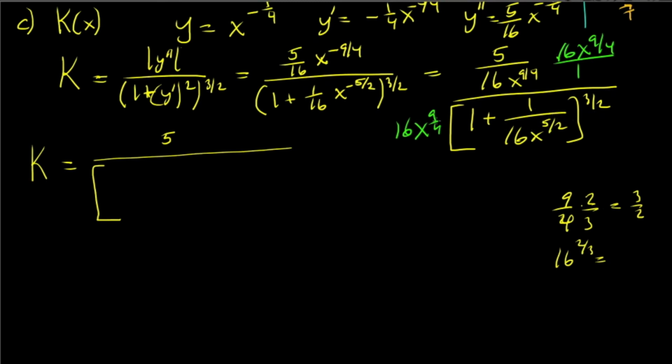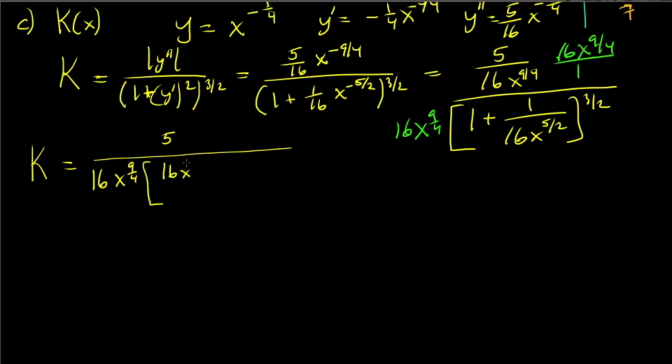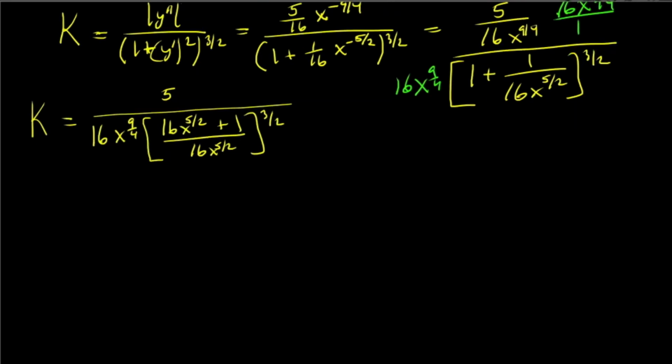We might have done better just to leave it on the outside and then simplify this. So let's take that root here. Leave the 16 x to the 9 over 4 on the outside. And then for the inside, we have 16 x to the 5 halves plus 1 over 16 x to the 5 halves to the 3 halves.